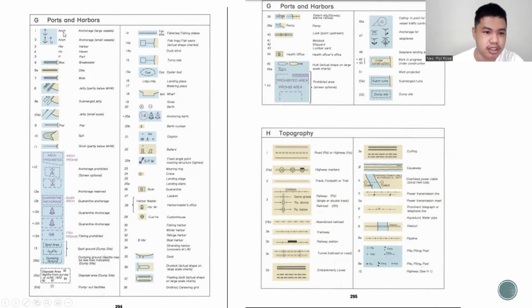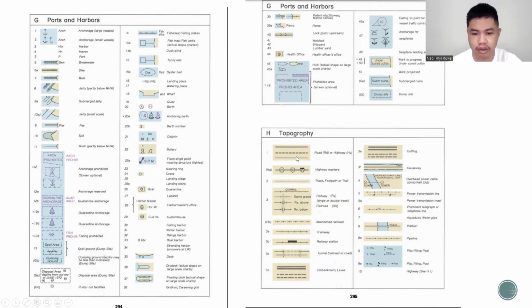So this is the anchorage for large vessels. This is the symbol and the abbreviations. Now ports and harbors again. Health office symbol, then abbreviation. Now let's go to topography.